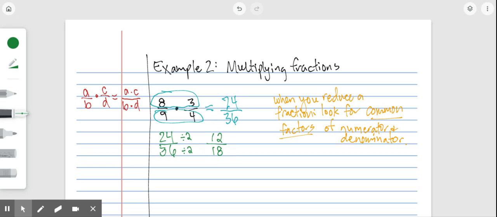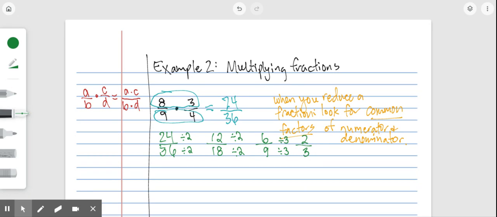Cool. Hey, look, these numbers are also even, which means I can divide by 2 again. 12 divided by 2 is 6. And 18 divided by 2 is 9. Now, these two numbers aren't even, but I know my 3s times table, so I know that they're both divisible by 3. So I'm going to divide by 3. 6 divided by 3 is 2, and 9 divided by 3 is 3.